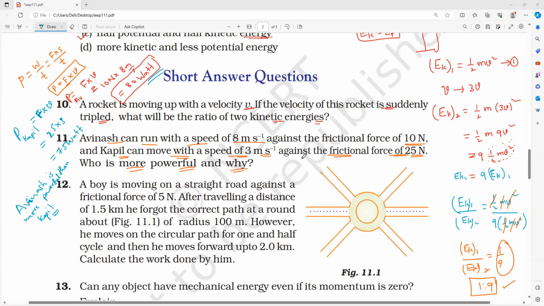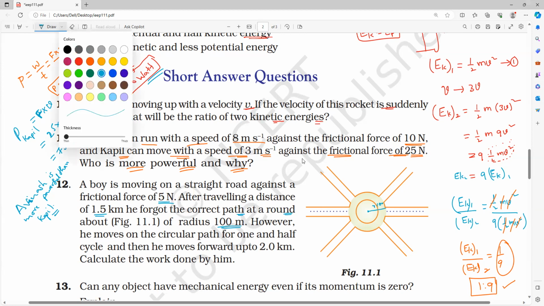So a boy is moving on a straight road against a frictional force of 5 newtons. After traveling a distance of 1.5 kilometers, he forgot the correct path at a roundabout of radius 100 meters. What is the radius of the round, everybody? 100 meters.